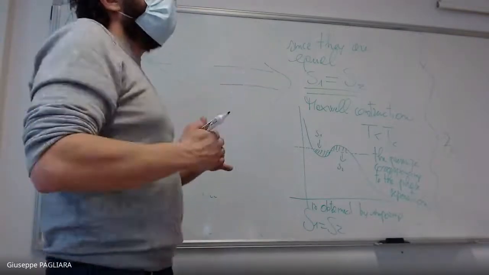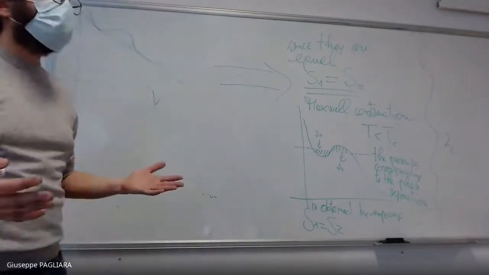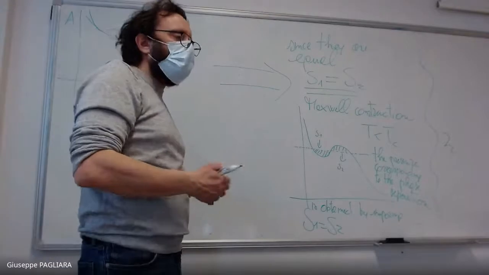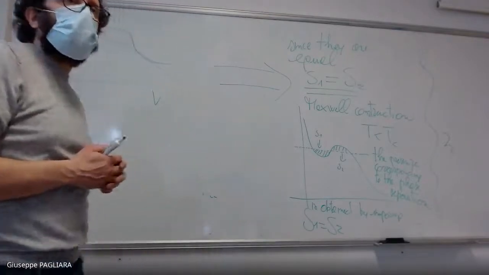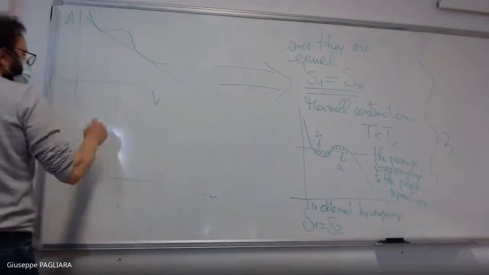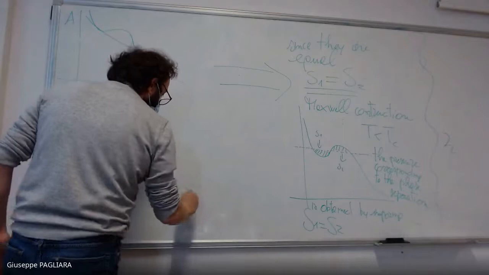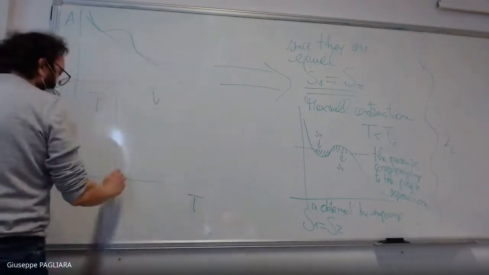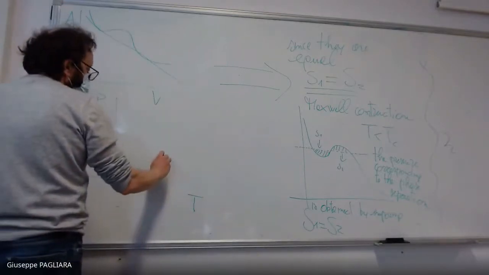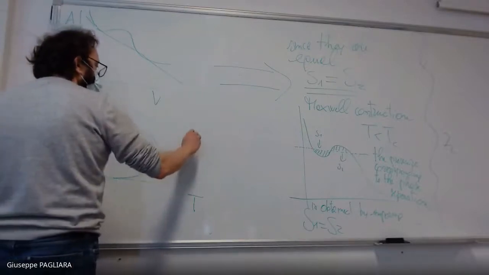And below the critical point, we have found this mechanical instability that can be cured by doing this Maxwell construction. Okay, so basically what we are able to do with the van der Waals equation of state is to phenomenologically describe this line here.